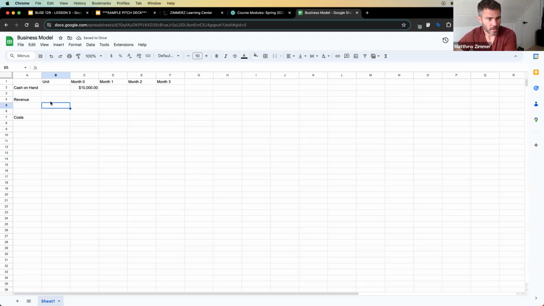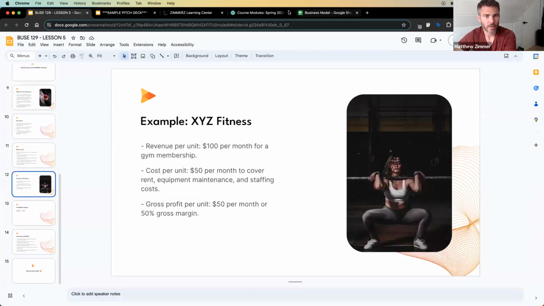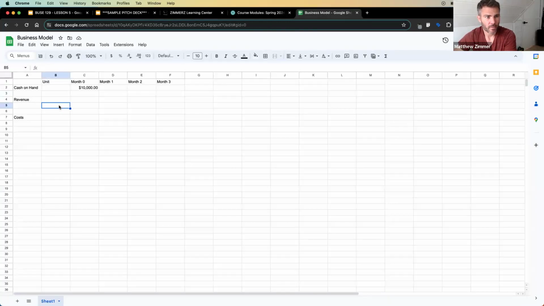And let's build out a unit. Let's build out a revenue model. So if we think back onto our example here of XYZ Fitness, we've got our revenue is $100 per month, and our costs were $50 per month.